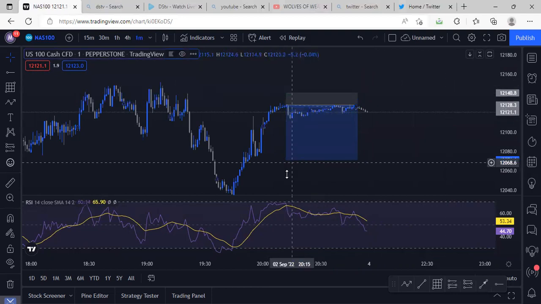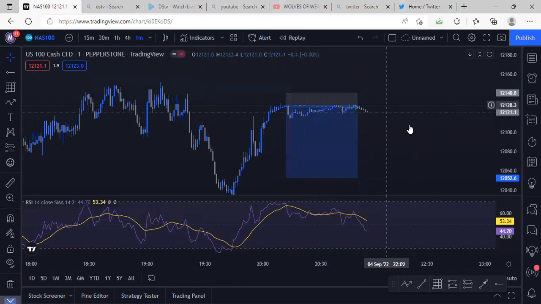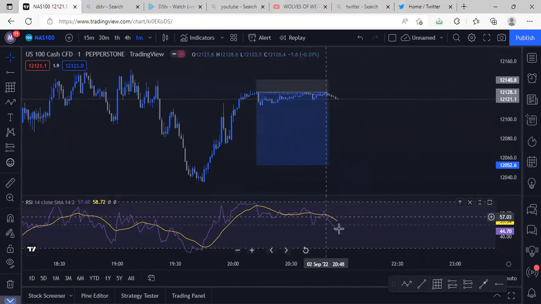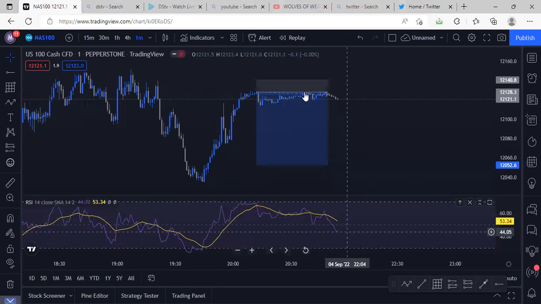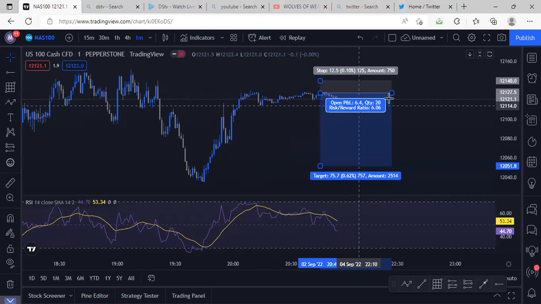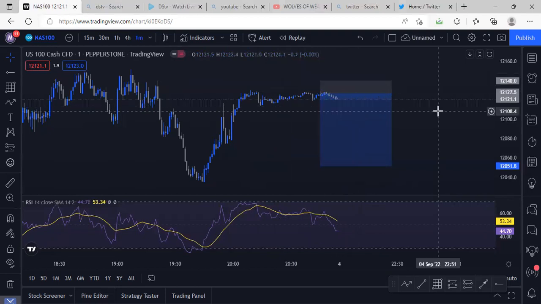And then I think the market is still going to go down after the market opens because the RSI is still below the yellow moving average. As long as you put your stop loss intact, then you know you're safe. Plus the stop loss is going to be tied on 1 minute time frame as well.